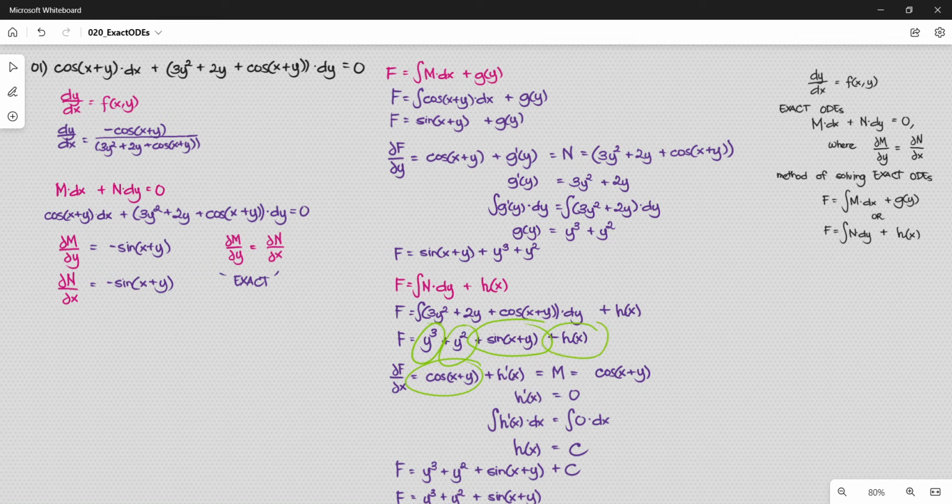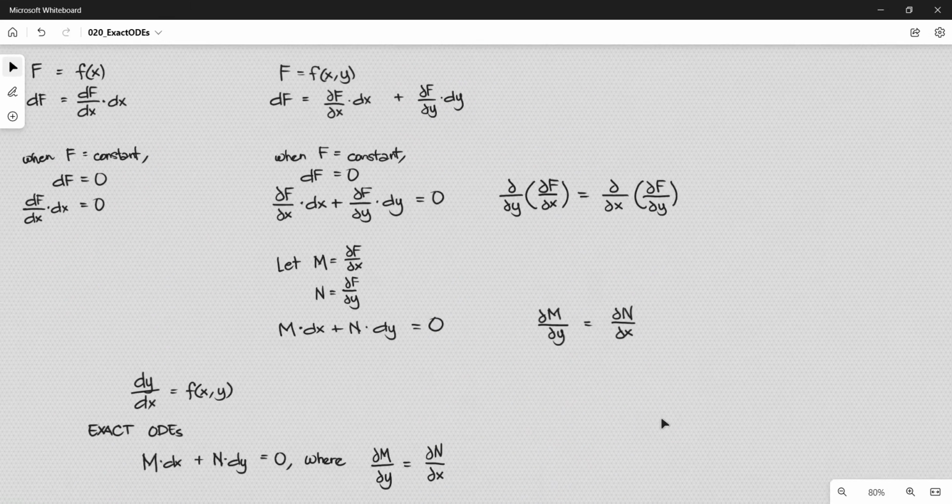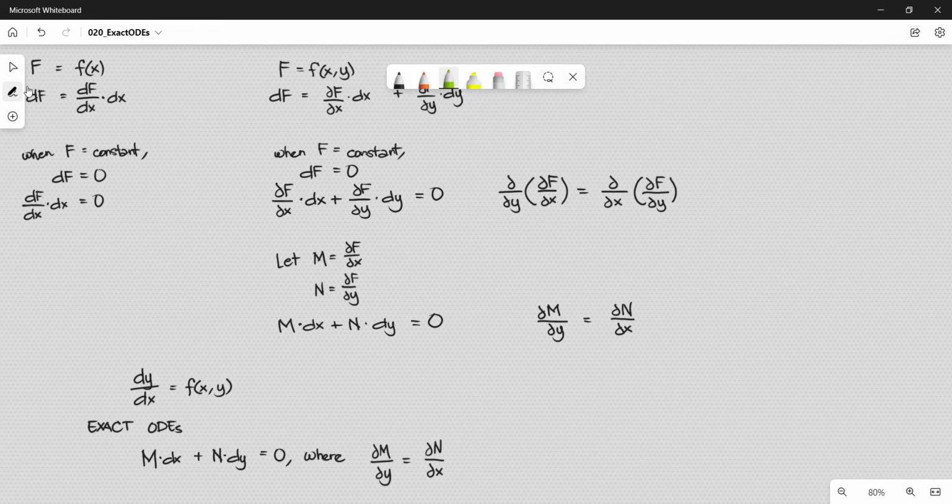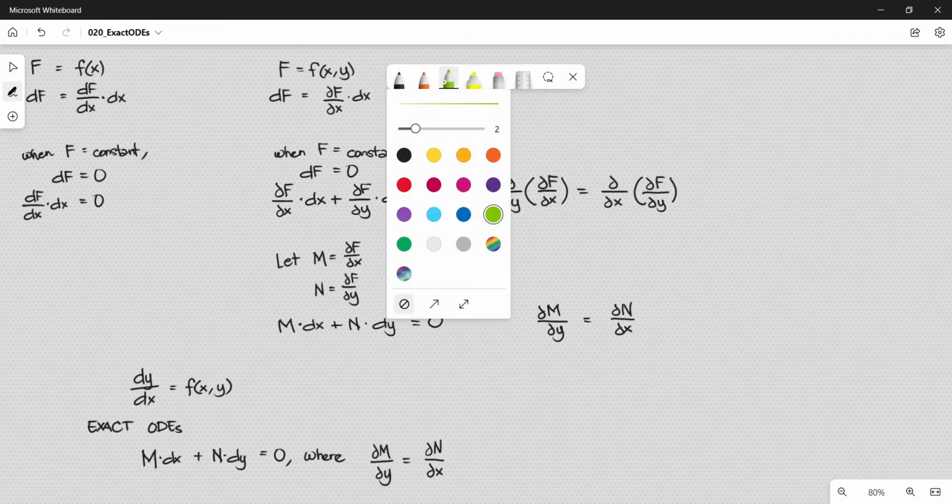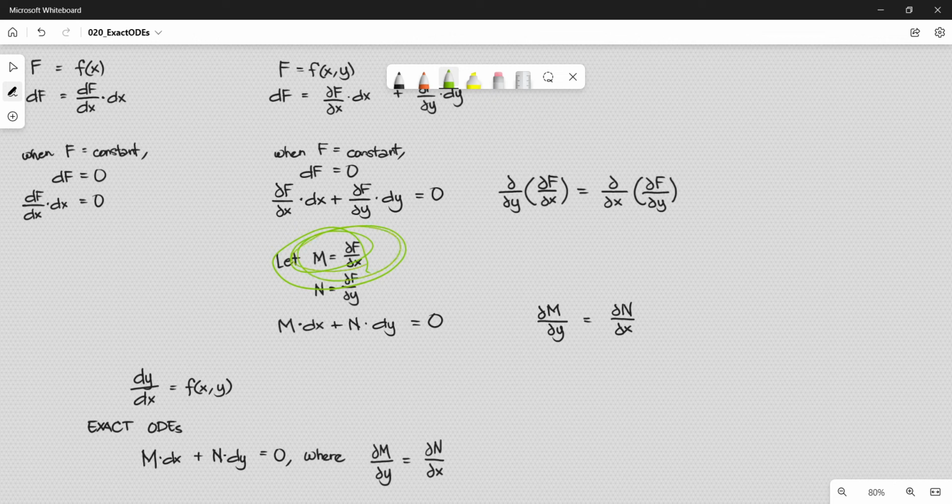Tapos ang derivative ng h of x, isulat natin as h prime of x. Tapos, base dun sa definition natin sa taas, ang partial derivative of f with respect to x ay equal sa m.